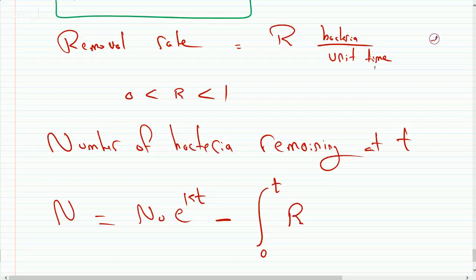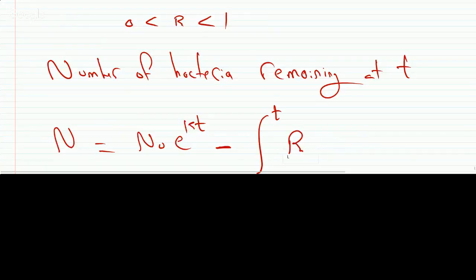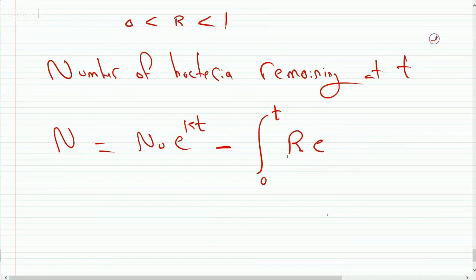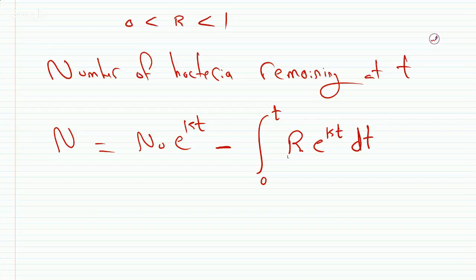So the rate of removal times e to the kt dt. So that's bacteria per unit time times the time would get you the number of bacteria multiplied by the exponential that you have at any time t from 0 to t, would tell you how much you are removing.